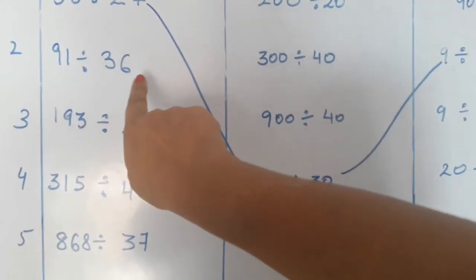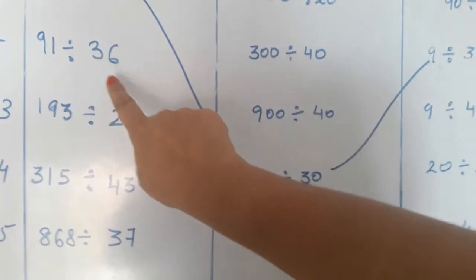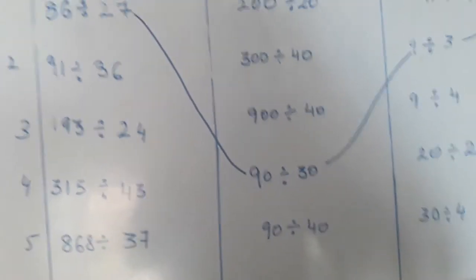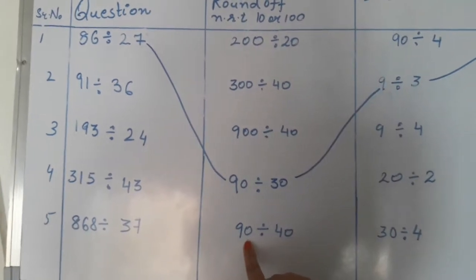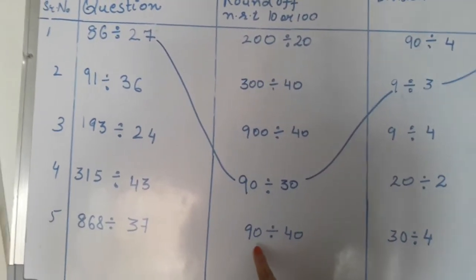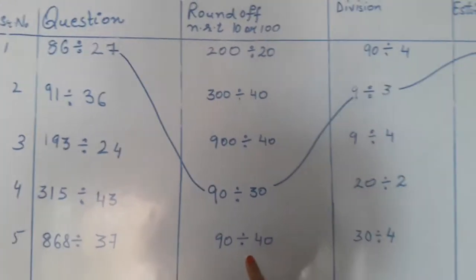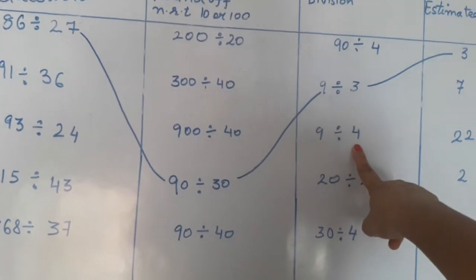Now what does this question become? 90 divided by 40. Now you will see where this comes in column 2. It comes here, 90 divided by 40. Now again 0 cancels with 0, right? Now it becomes 9 divided by 4.